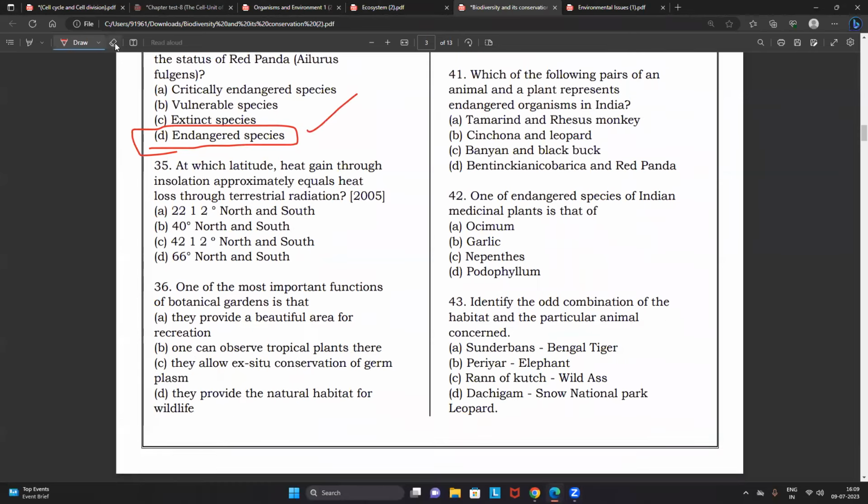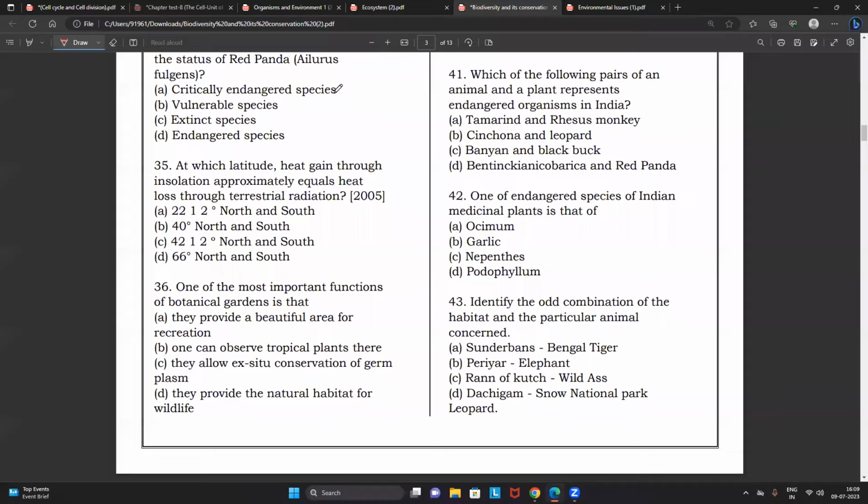See, I want you to think and answer this question. Yesterday we discussed this. Question number 35. At which latitude, once again, try to understand the question. Heat gain through insolation approximately equals heat loss through terrestrial radiation. In simple words, heat gain equals heat loss.